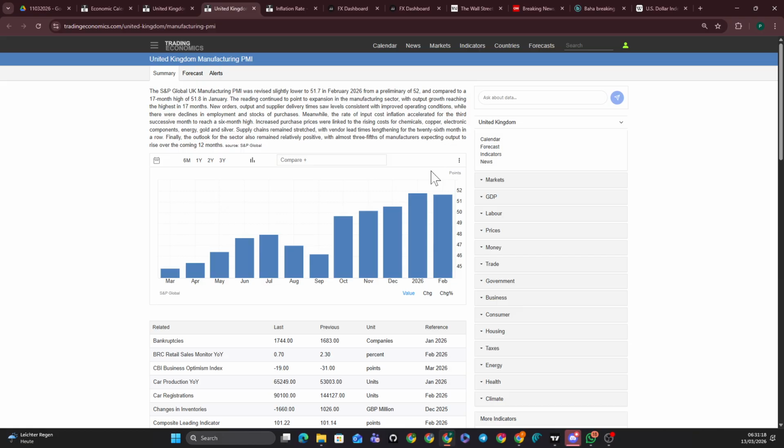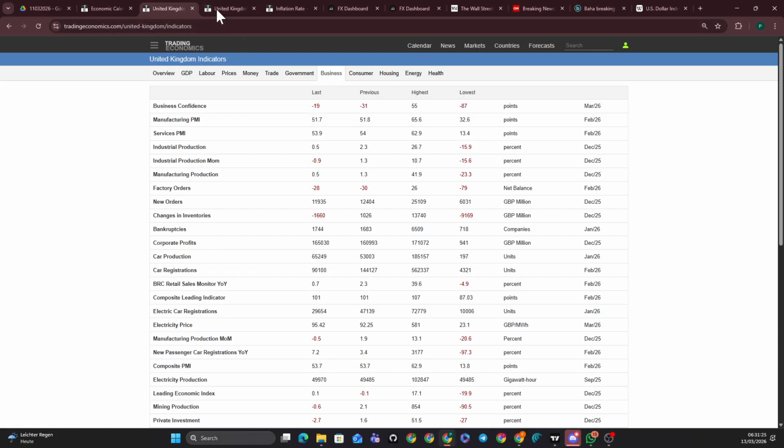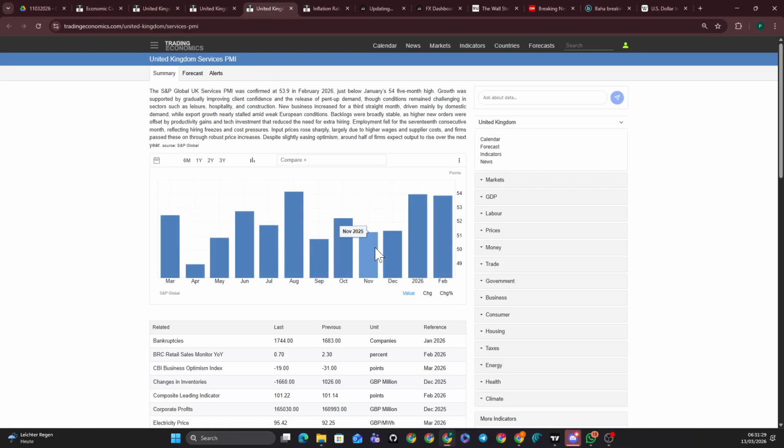We have two types of PMIs, manufacturing and services. Usually we give more weight to services PMI. It was also good. November it was above 50, December also, and since last year April, it was above 50.